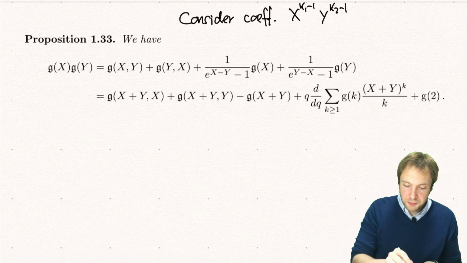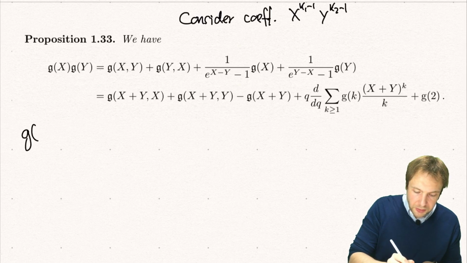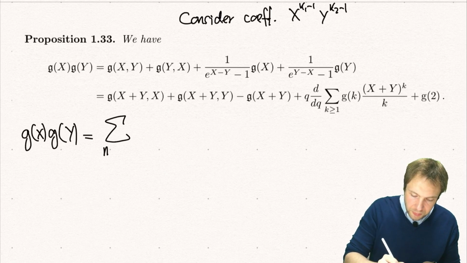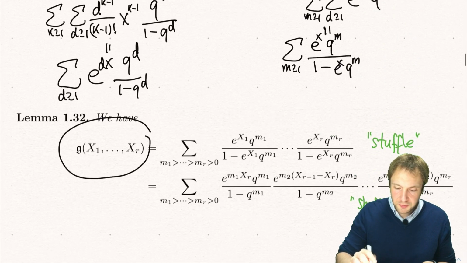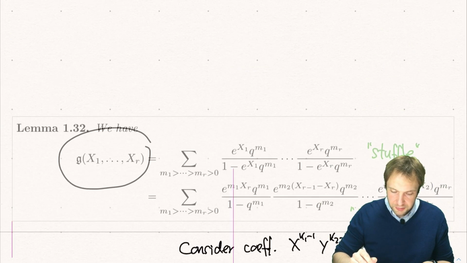So let's try to understand why we have this here. So let me write this down. And again, the key idea is now to use this lemma here. Maybe I can put it here.